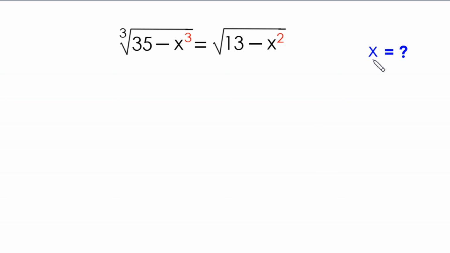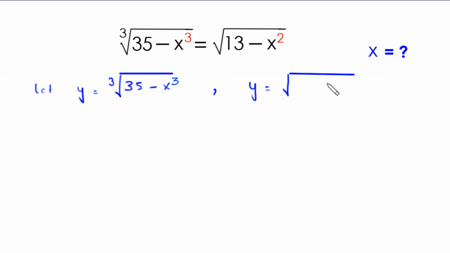So let's start. To simplify the solution, we suppose that both expressions equal y. Let y equal the cube root of 35 minus x cubed, and y equal the square root of 13 minus x squared.